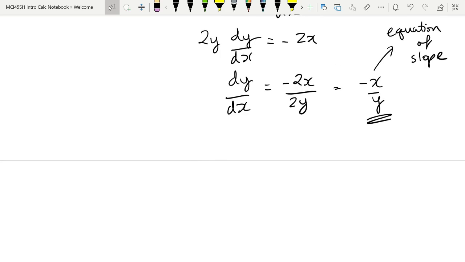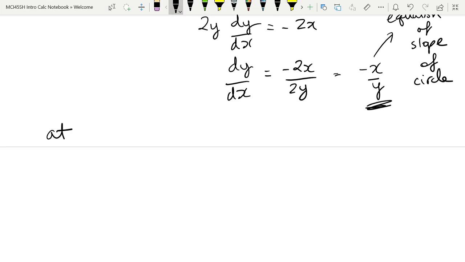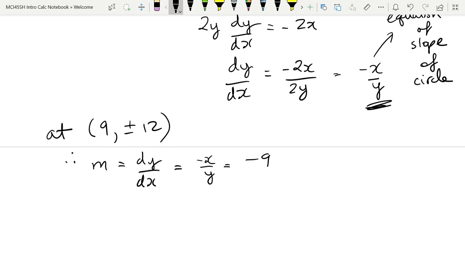There. Okay, so anyway, like I was saying, this thing here represents the slope of the circle, of everywhere around the circle, and I want to know the slope at the point 9 and plus or minus 12. So, therefore, my slope, which is again the dy by dx, is negative x over y, which will be negative 9 over 12, or, if I plug in the other one, negative 9 over negative 12.